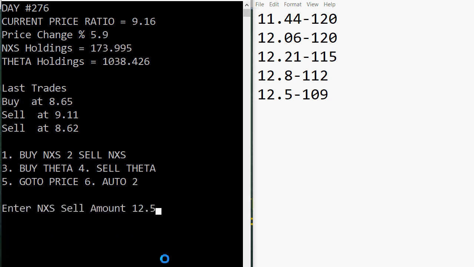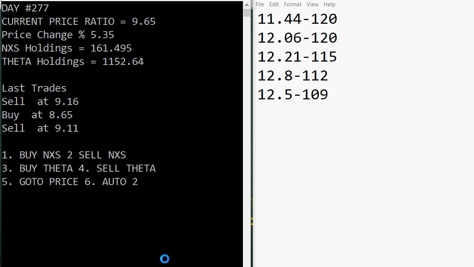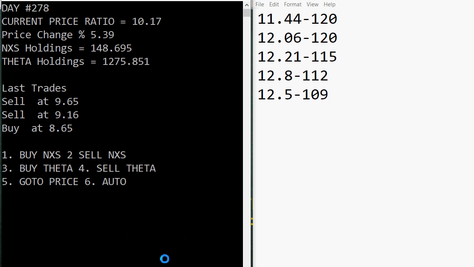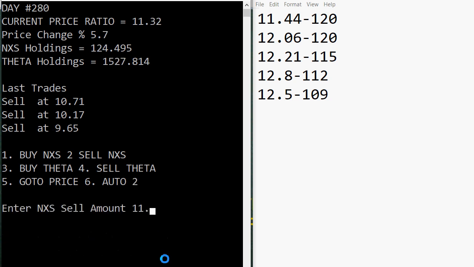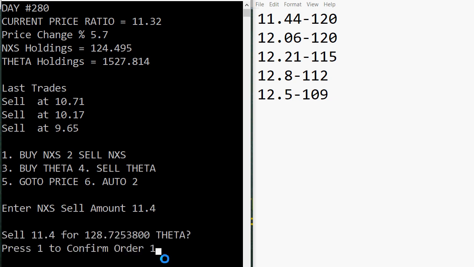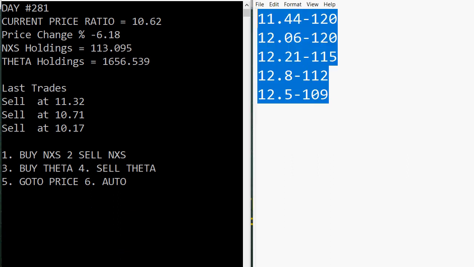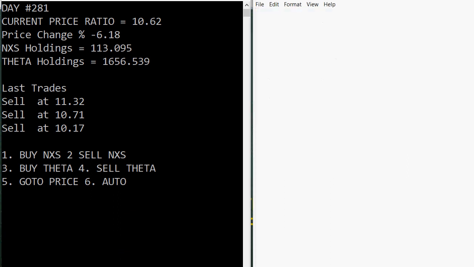And we can sell 12.5, get 114, sell the 12.8, get 123, sell the 12.2, get 123, sell the 12 even, or the 1206, but I'll just put in 12, get 128, and clear the board, sell 11.4 for 128. And I mean, that's 1656 and 113. I'm in good shape. This looks like a pretty good trading strategy.